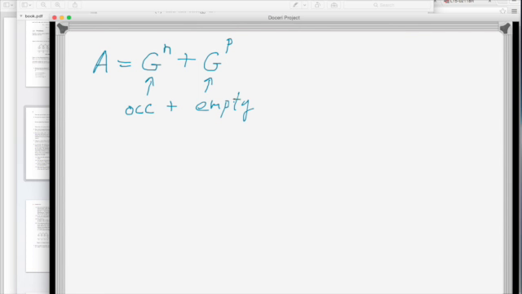It's the total number of states. It doesn't care about occupation. And it turned out to also be related to GR and GR dagger. But this is the most physical way I like to think about it. It's the sum of the empty states plus the occupied states. It's the total number of states.